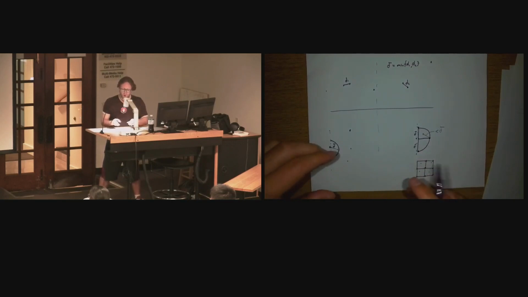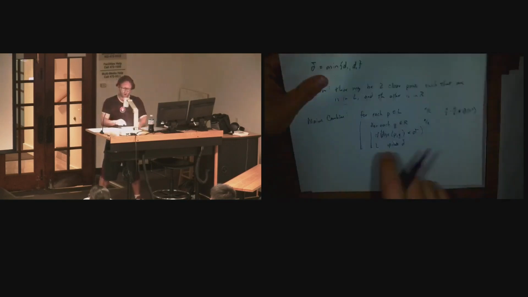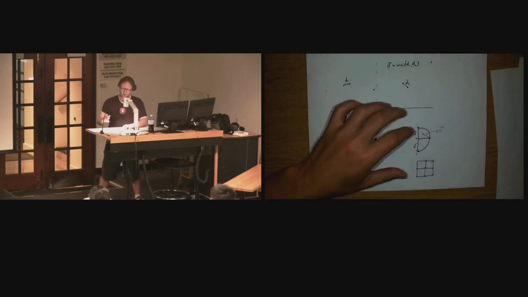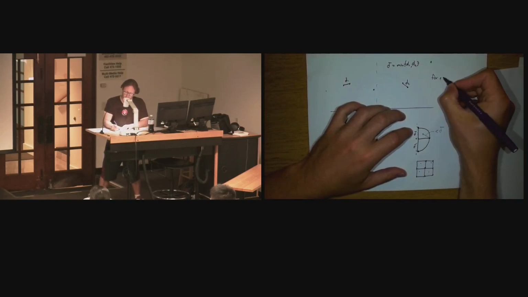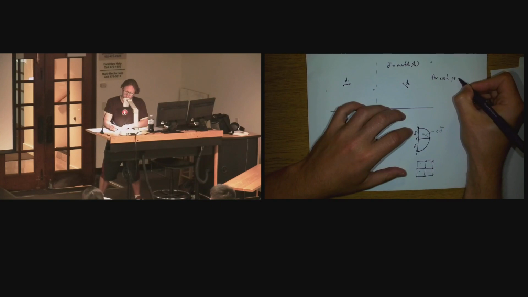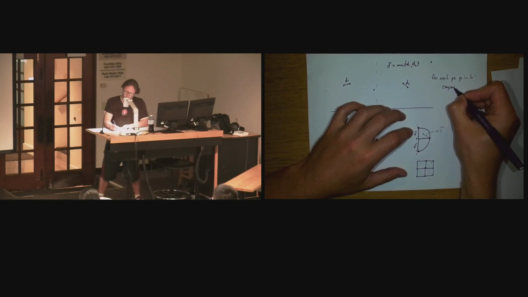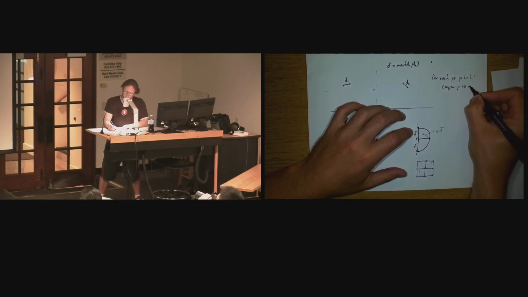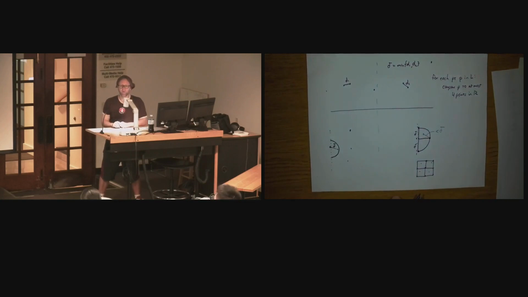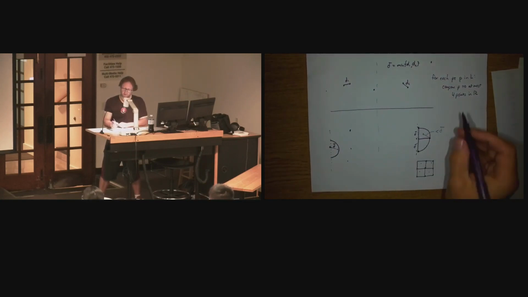In other words, we don't need to do this naive algorithm over here. All we need to do is, for each point P in L, compare P to at most, say, 4 points in R. I'm not going to write a more formal algorithm than this, because this gives you the answer.